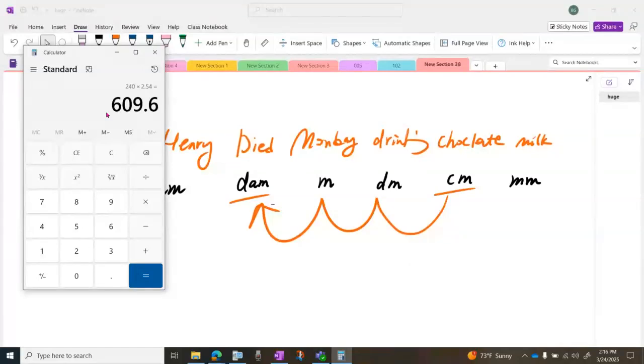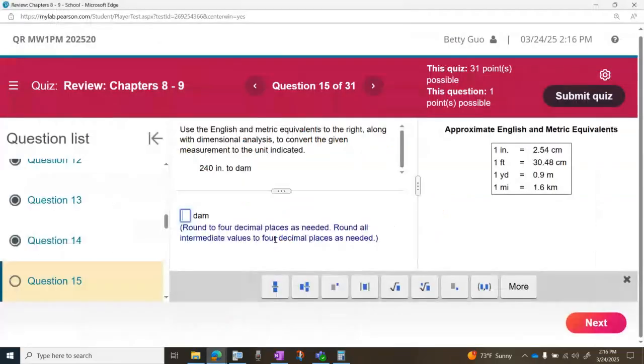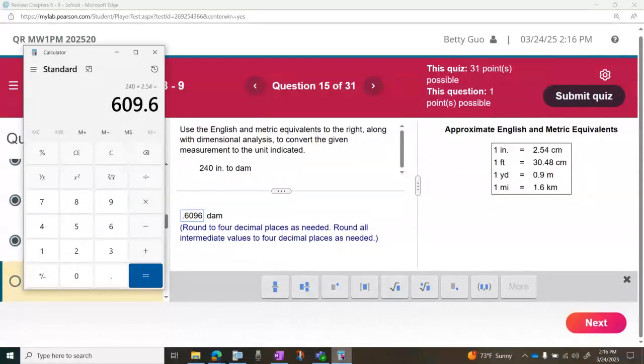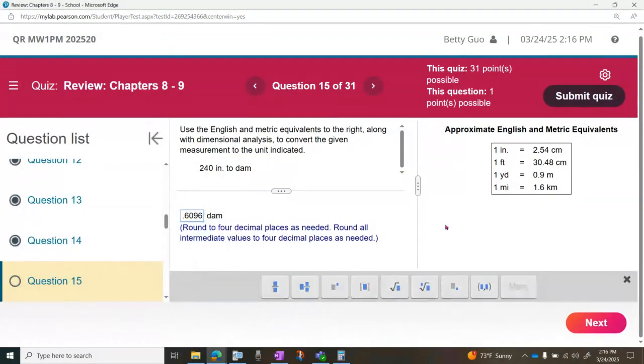So it's going to be 0.6096. Double check the entry. 1,000 times smaller than that. 0.6096.